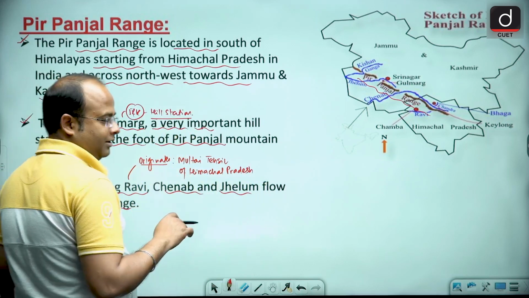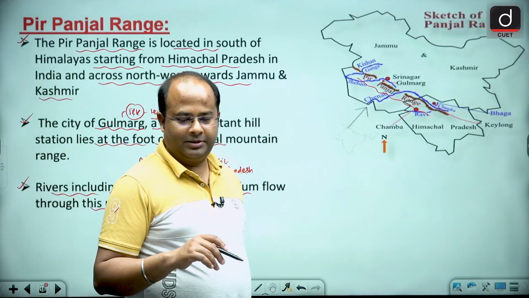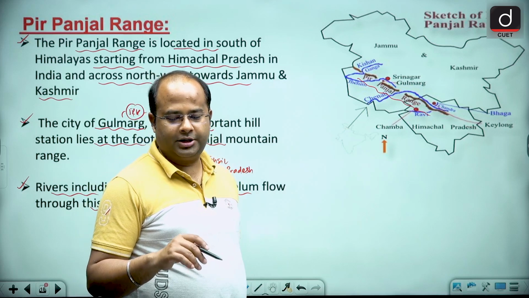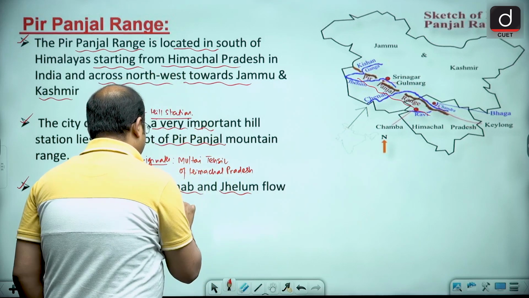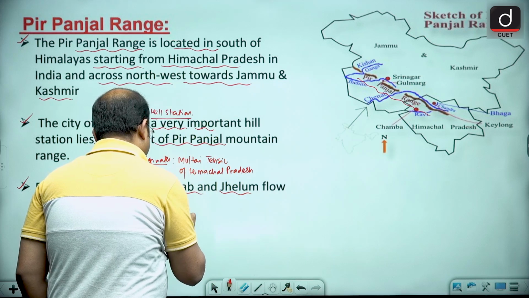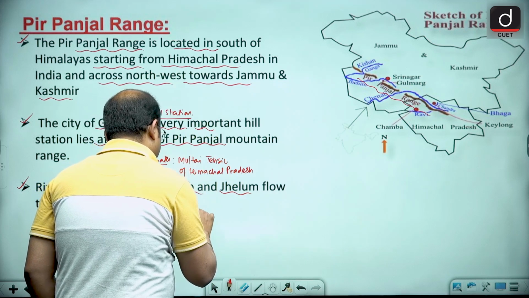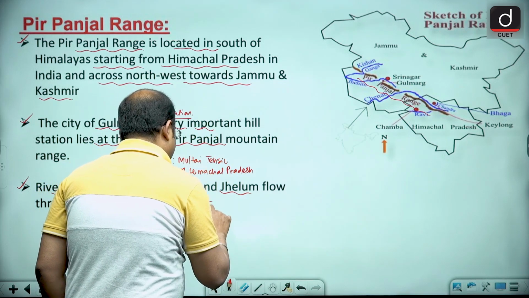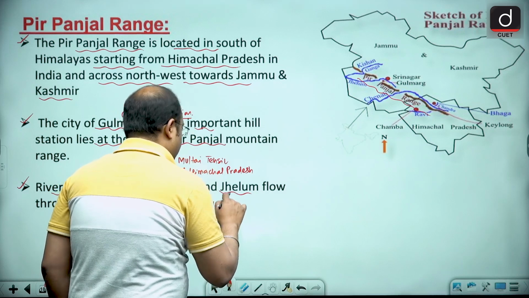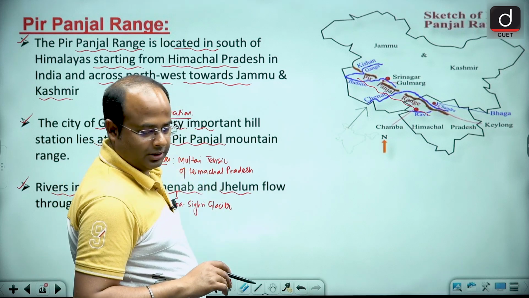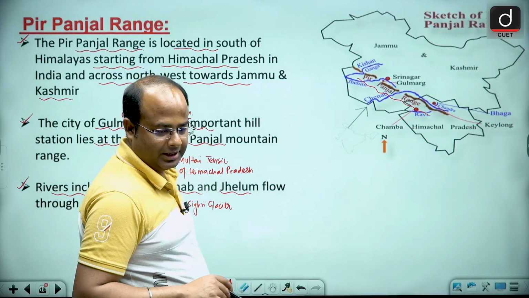Then we have Chenab, which originates from the Bara Shigri glacier.